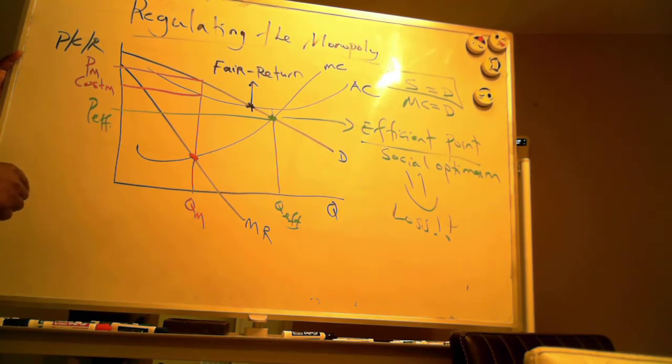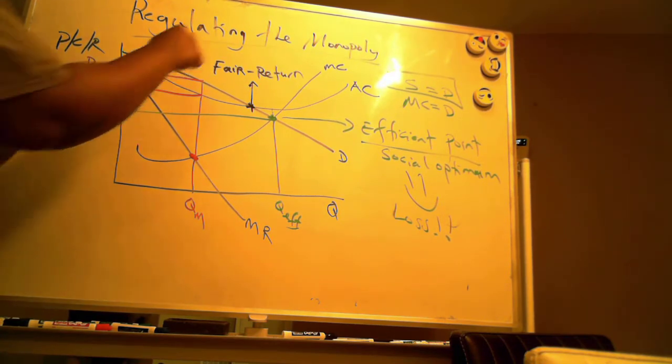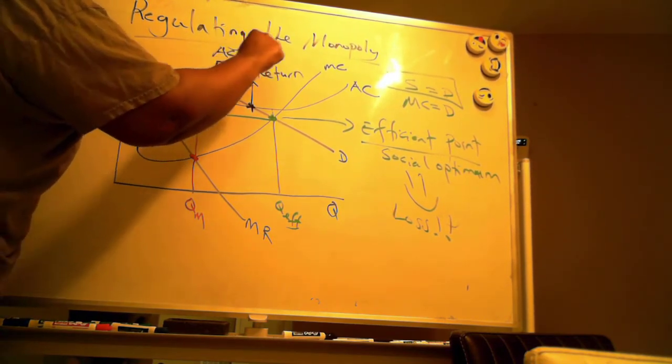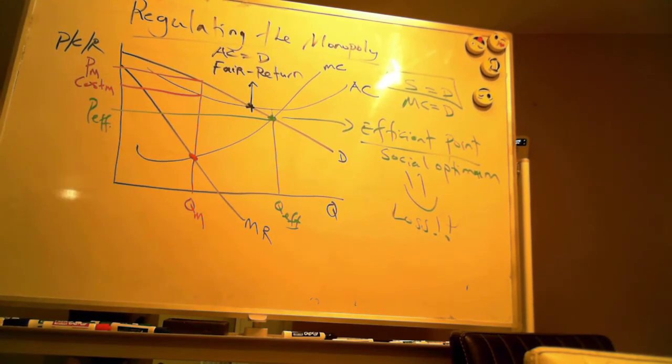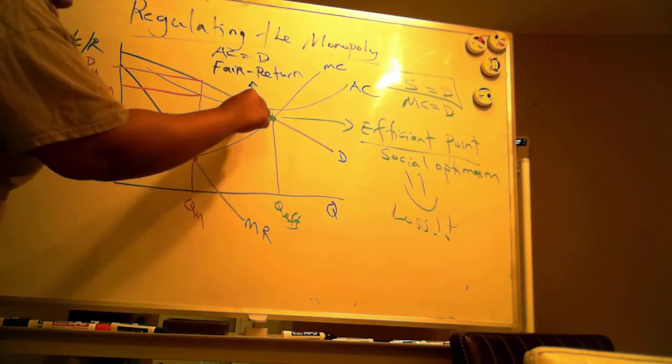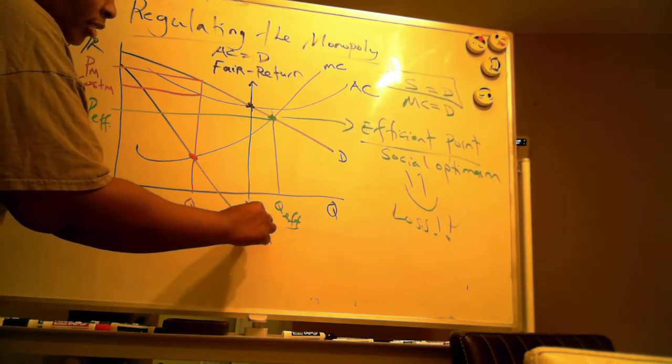And if you're asking what is happening there, well, at that point, AC is equal to D. The cost is equal to demand. So when that happens, the firm only makes a normal profit. It's a compromise. Compromise because look at where quantity sits.